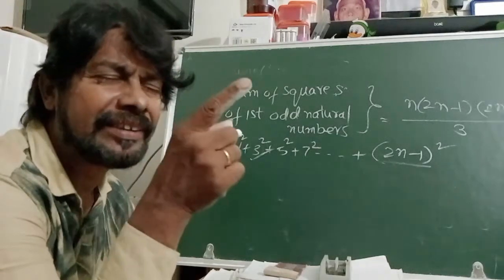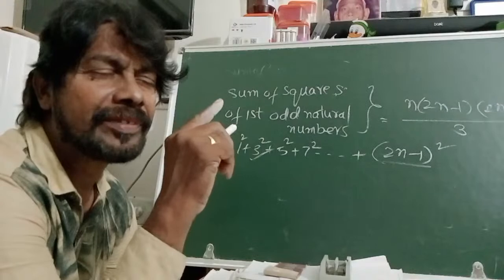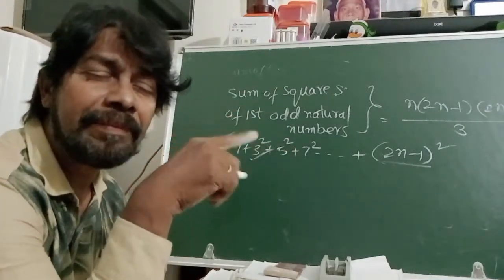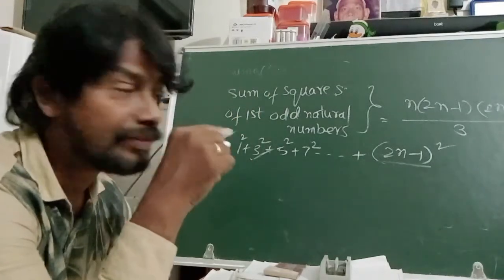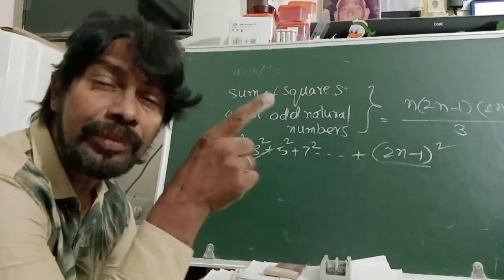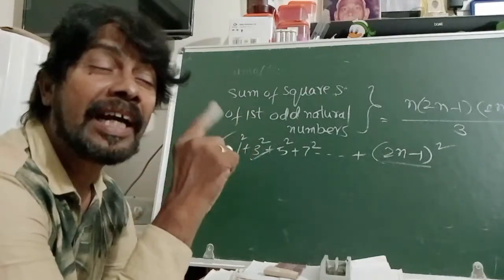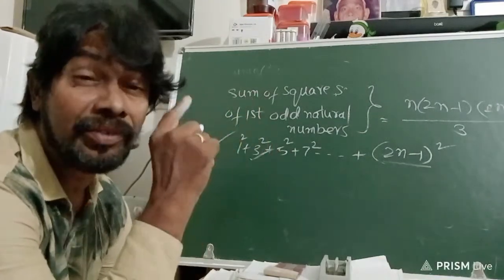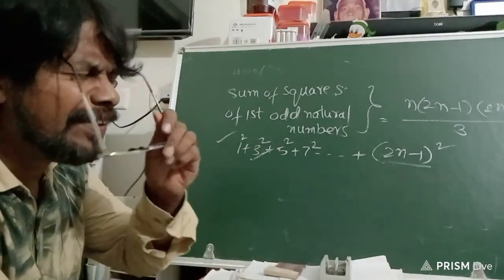For the sum of squares, 3 terms come: n into n plus 1 into 2n plus 1 by 6. Now when cubes come, n into n, that is n square, into n plus 1 into n plus 1, 4 terms come, by 4.